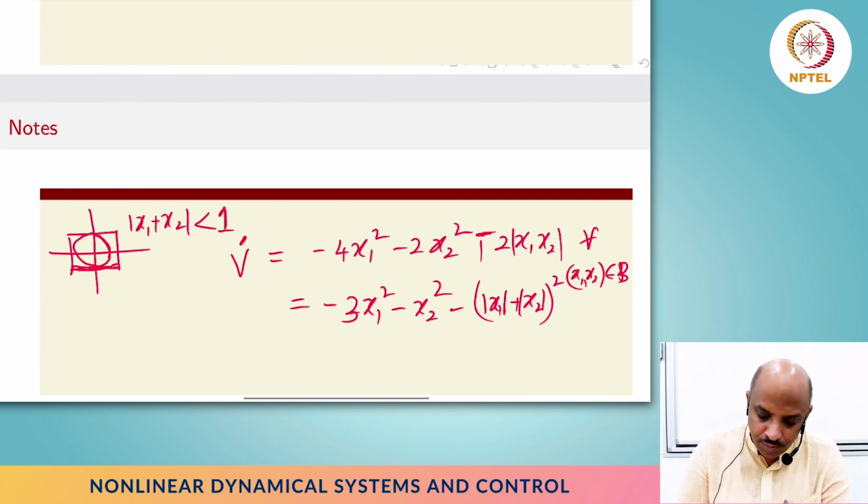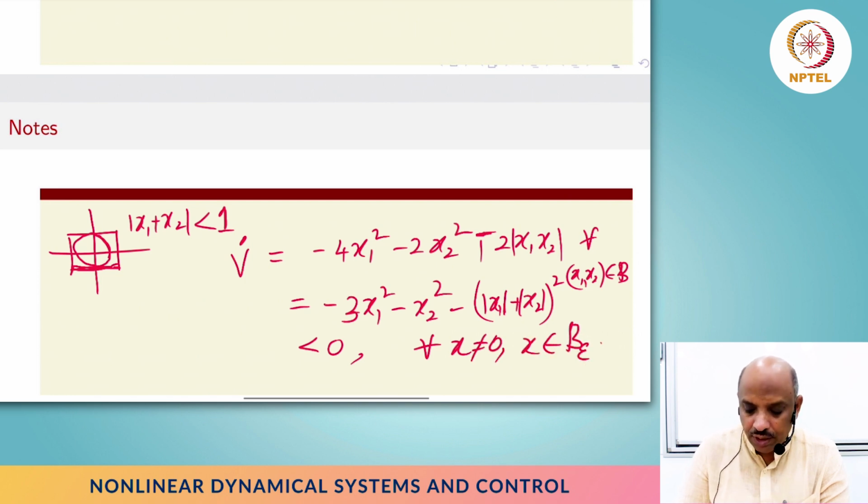So what can we say? Basically, this is clearly strictly less than 0 for all x nonzero, and this x belongs to this ball. Not only that, we can take a little bit more pain and conclude that it's also less than or equal to some gamma times V.